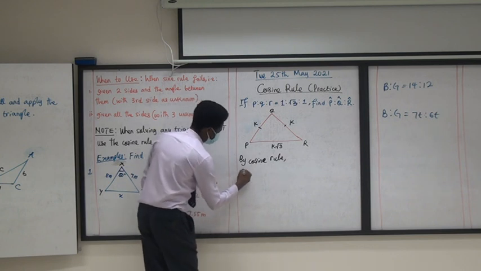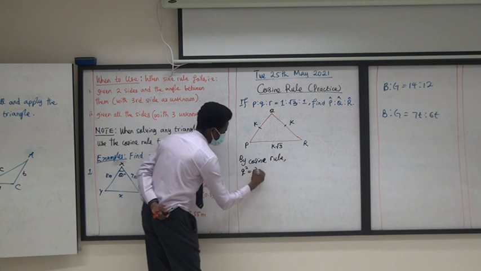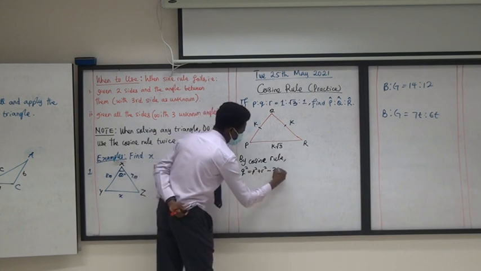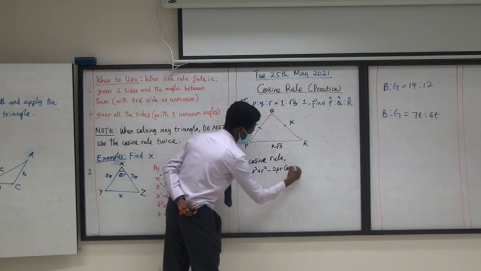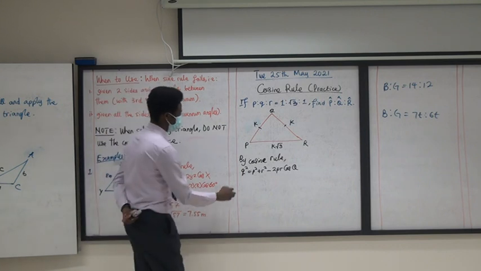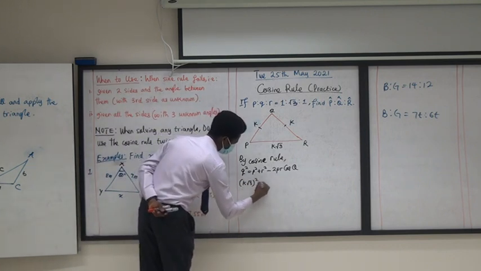Let's take it together. Q squared plus R squared minus 2PR cos Q. So all you have to do is substitute. Q is K root 3. Okay?